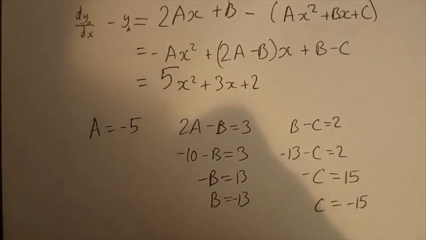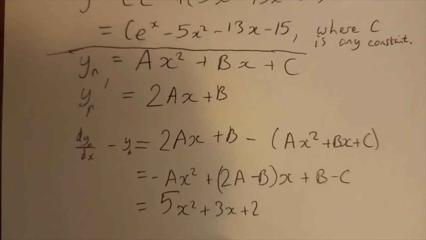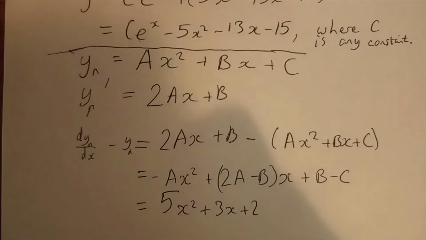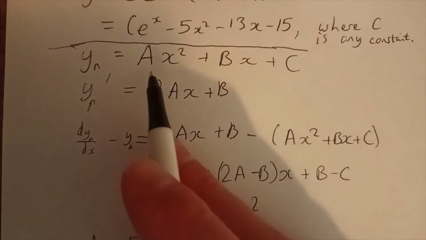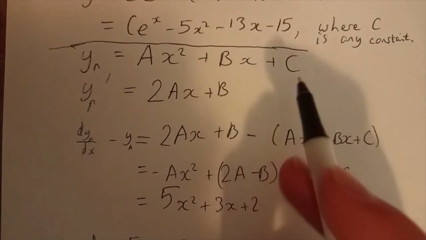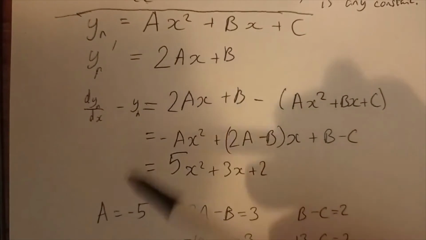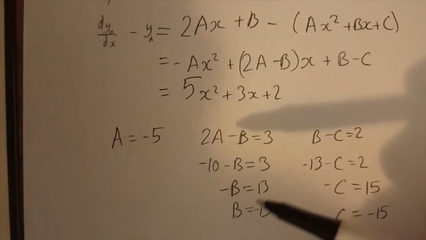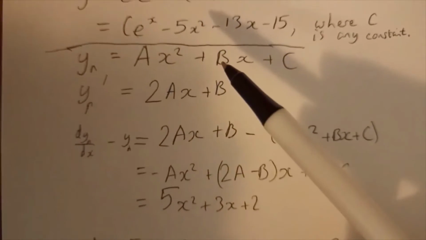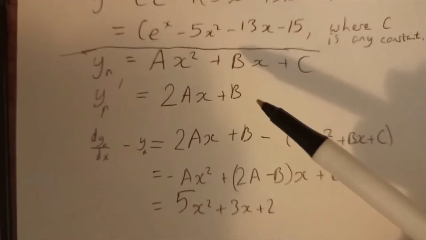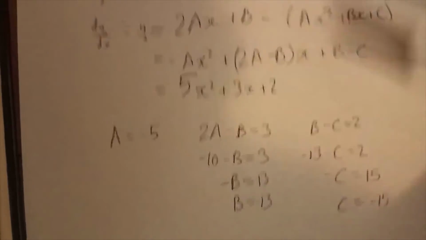So therefore, our particular solution, yp, which is the form ax squared plus bx plus c, is going to have these a, b, and c. So it'll be -5x squared, take 13x, take 15.